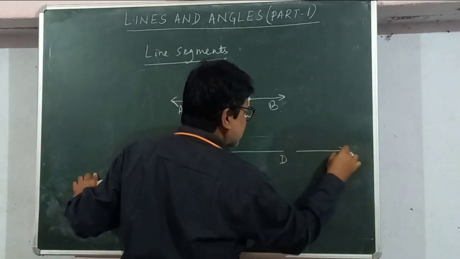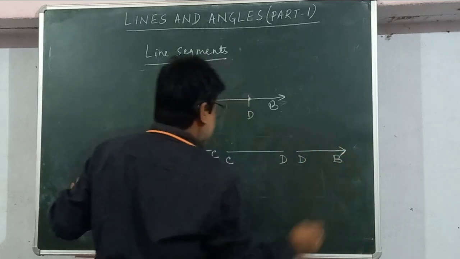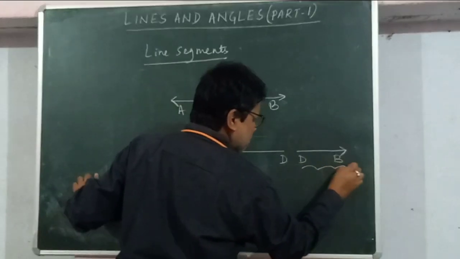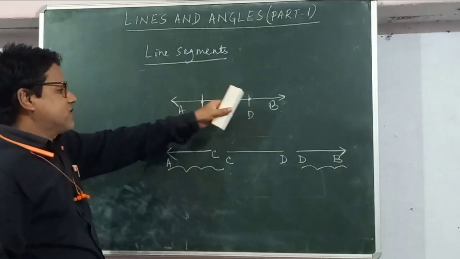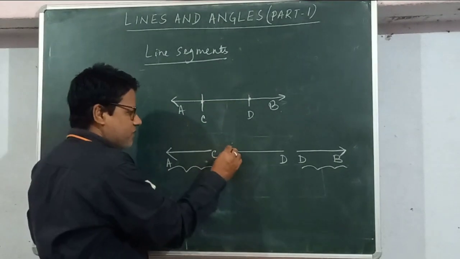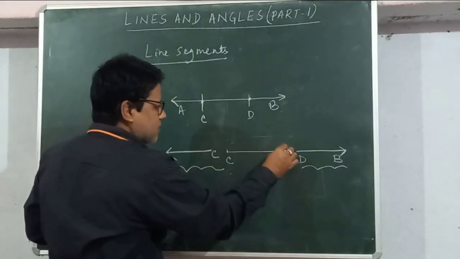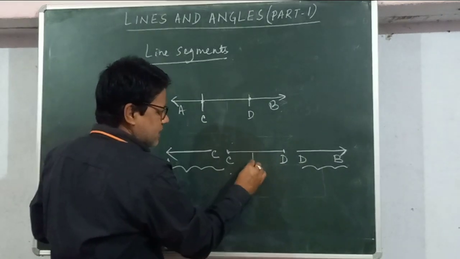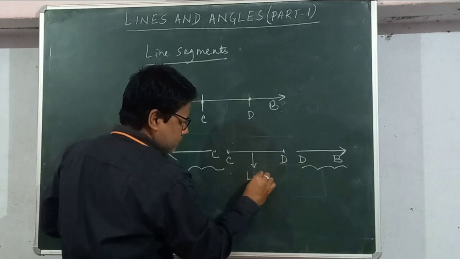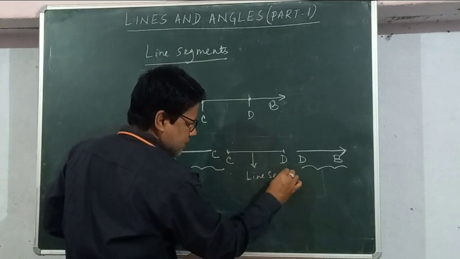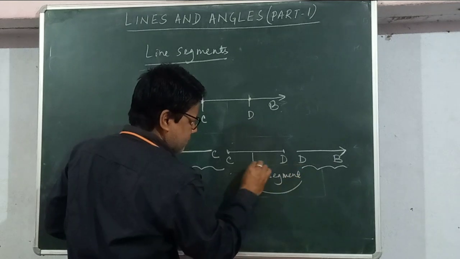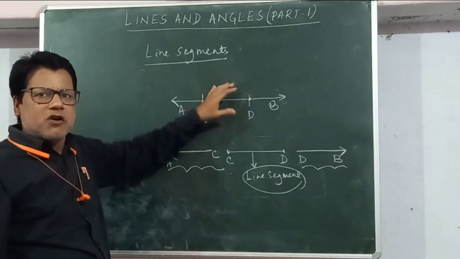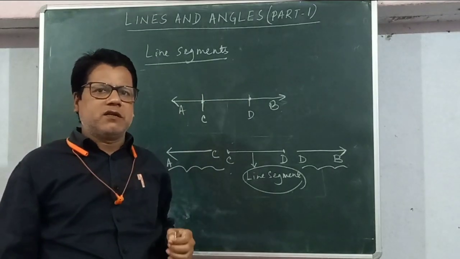The parts CA and DB, both the end parts, are called rays, but the middle part, which can't be extended at any end, is known as a line segment. So, a line segment is a part of the straight line which can't extend at any end.